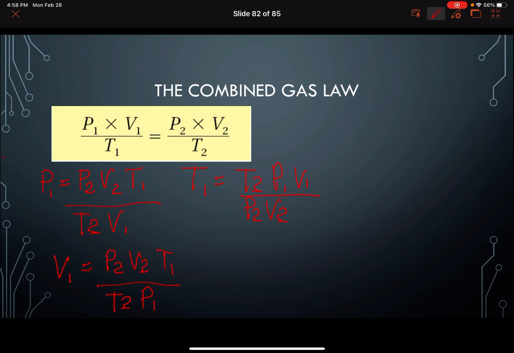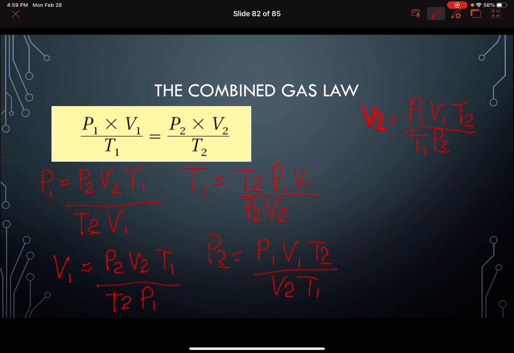Then we have pressure 2 equals pressure 1, volume 1, temperature 2, over volume 2, temperature 1. Then we have volume 2. Volume 2 equals pressure 1, volume 1, times temperature 2, over temperature 1 and pressure 2.